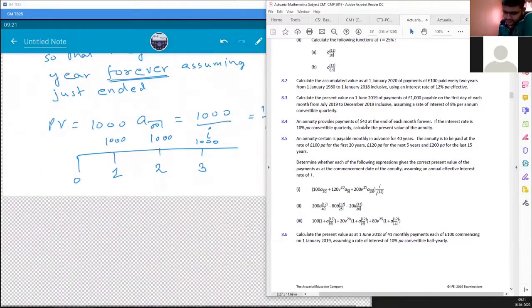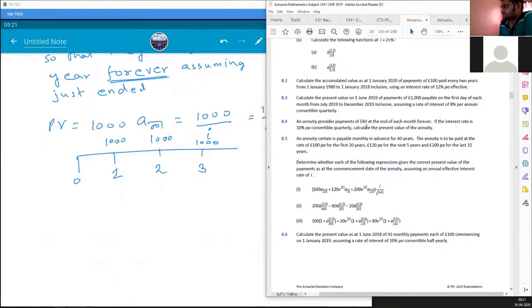So 40 rupees at the end of each month forever. We'll say our present value must be 40, 12 times a year, and we'll have a perpetuity payable 12 times, that is 480 by i-12.